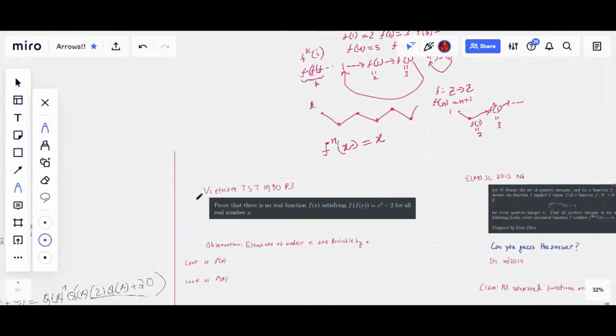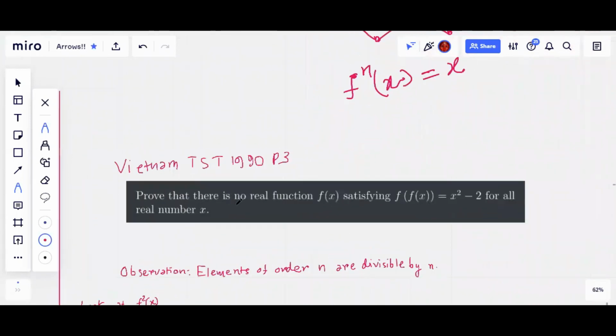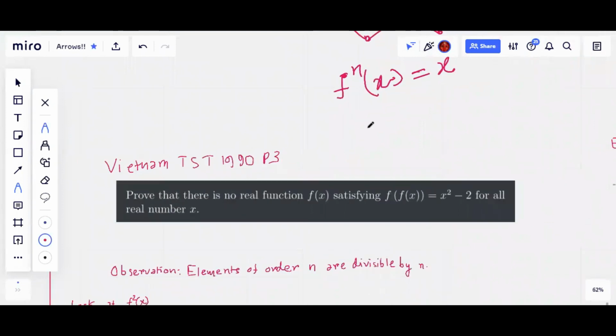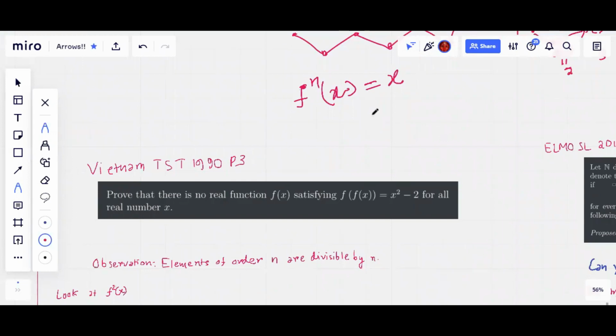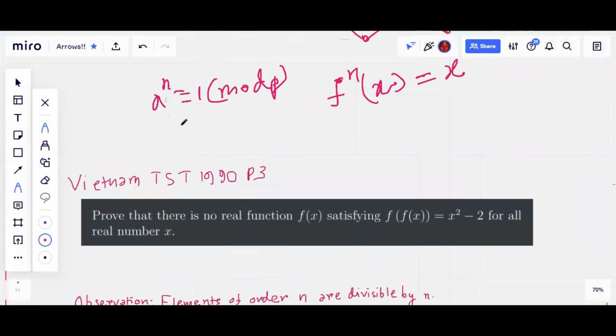So first, the idea is to define the order of the function. So what is an order, you might ask? If you know some number theory, you might know that if something is mod p, and n is the smallest possible such number, then n is the order mod p of a.